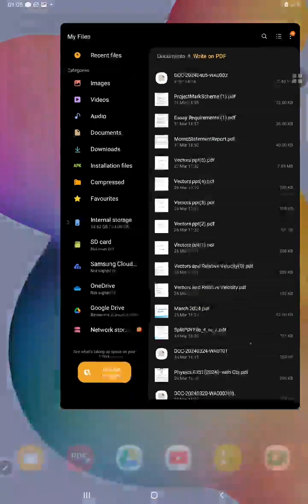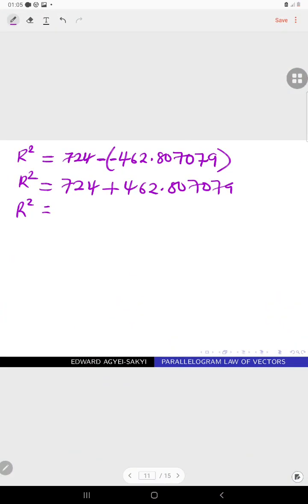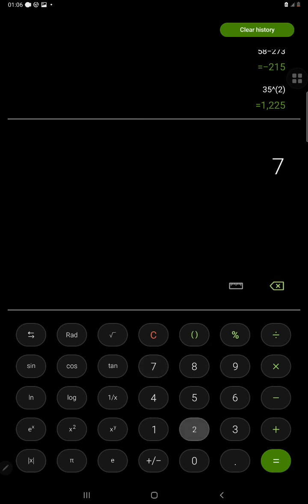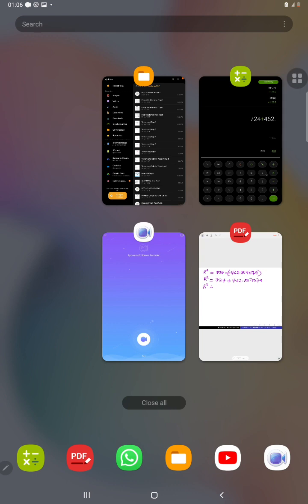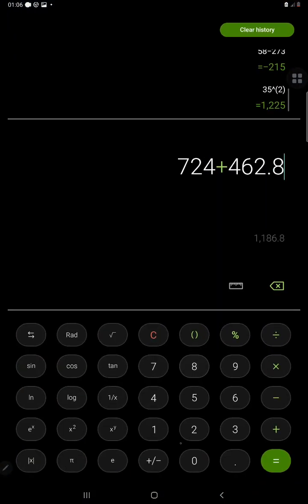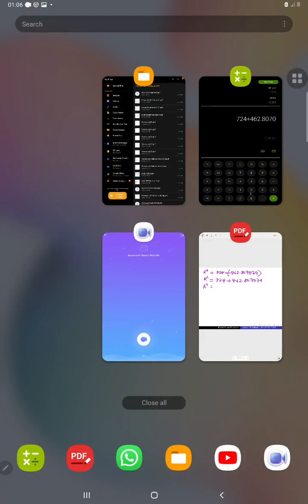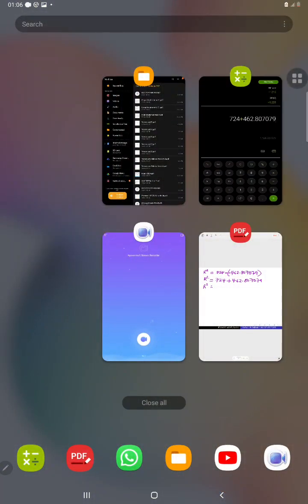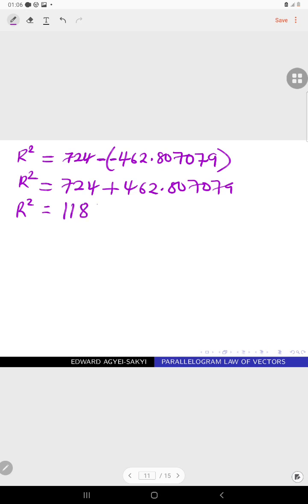When you add, we are going to get 1186.807079, about 1186.